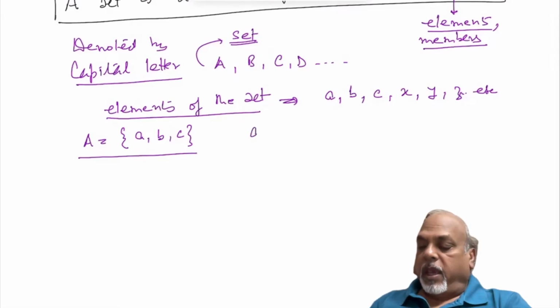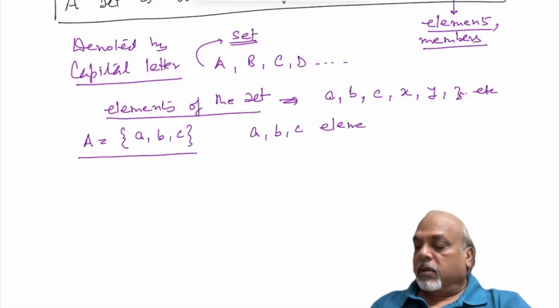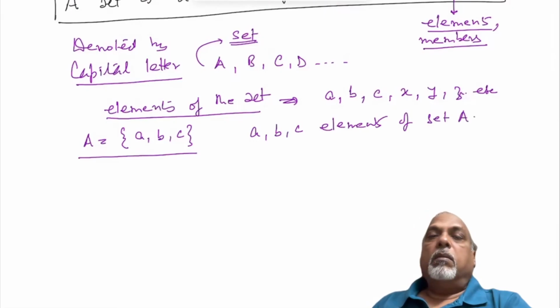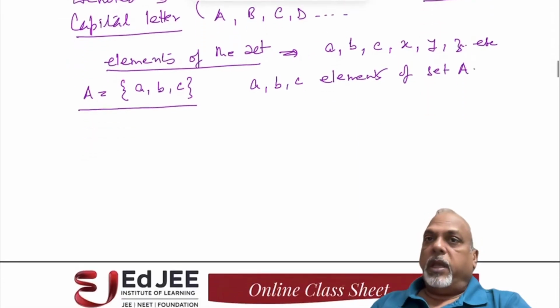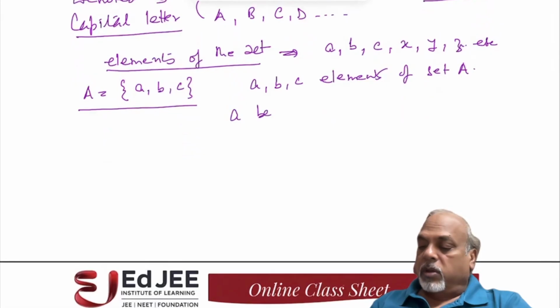So a, b, c, they are the elements of set A. That means if you want to say this thing, it means a belongs to A.